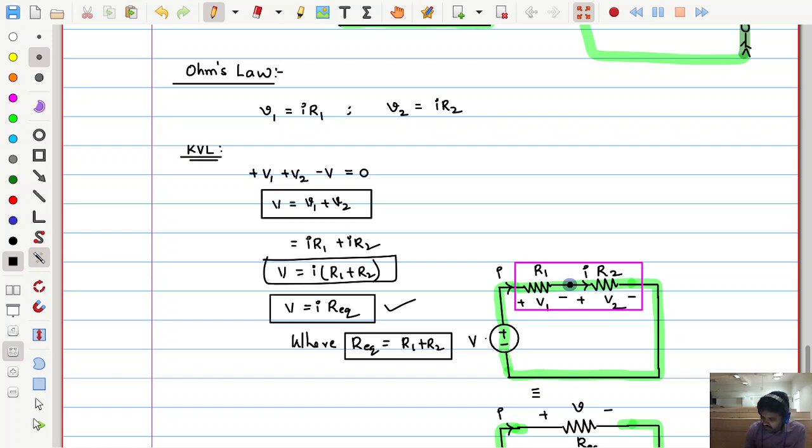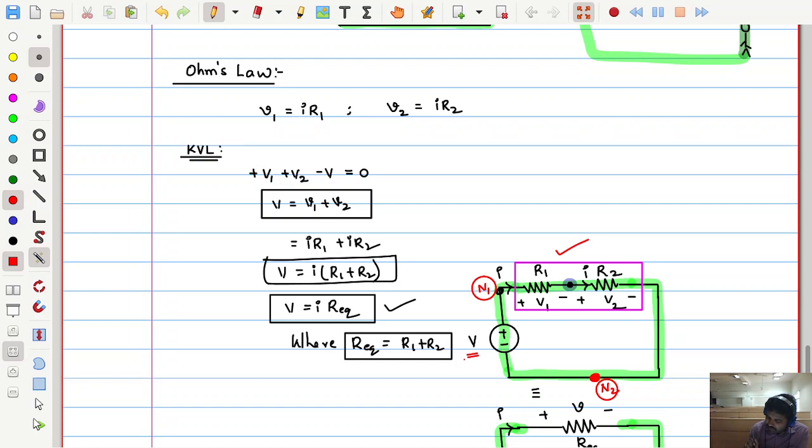If I consider a node N1 here and one more node N2 downside, this pink color box is connected between N1 and N2, across the voltage V. That means this pink color box is experiencing a voltage of V.